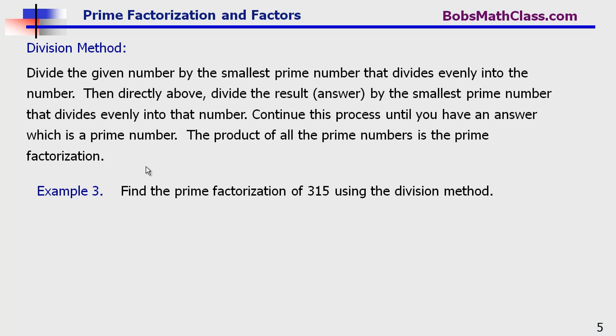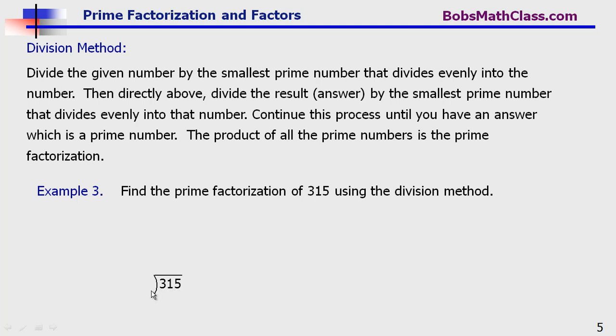Okay, find the prime factorization of 315 using the division method. So we write down the 315 inside a division box. Now it says divide by the smallest prime number that divides evenly into the number. So the smallest prime number is 2, but does 2 divide into 315? No, it doesn't, because it ends in an odd number.